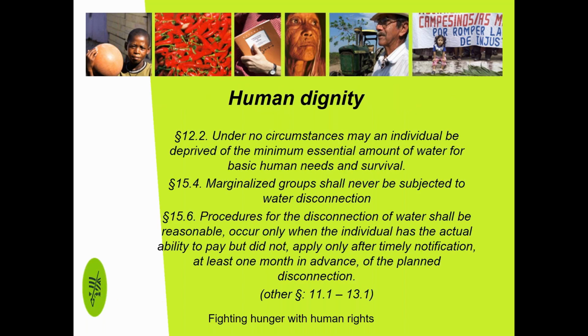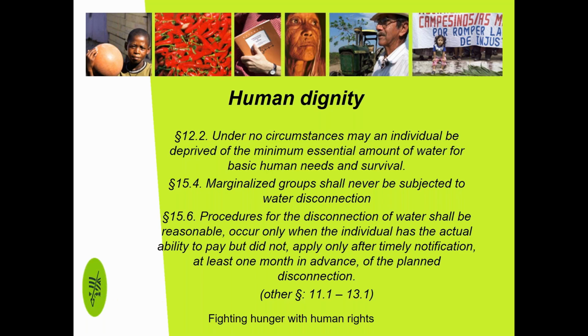And when you have human dignity, as I said before, the guidelines have really highlighted that under no circumstance may an individual be deprived of the minimum essential amount of water for basic human needs or survival.